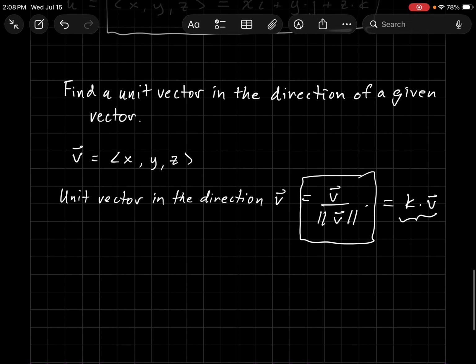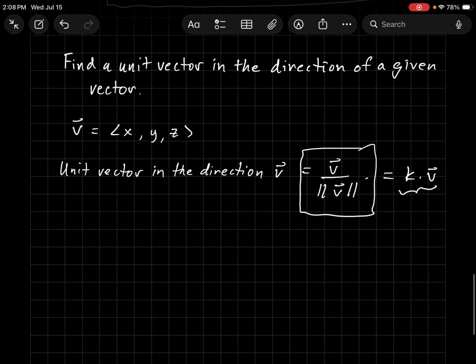Well, let's do just a simple proof. So if I want to find the magnitude of v, well, the magnitude of v is, by the extended Pythagorean theorem, the square root of x squared plus y squared plus z squared.